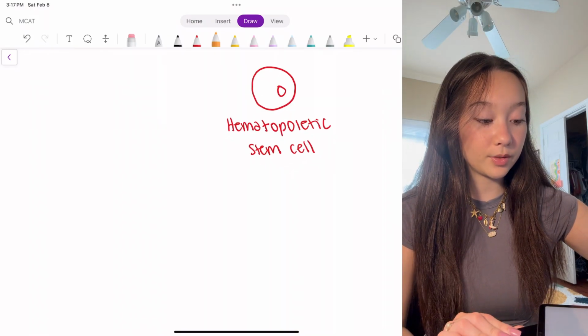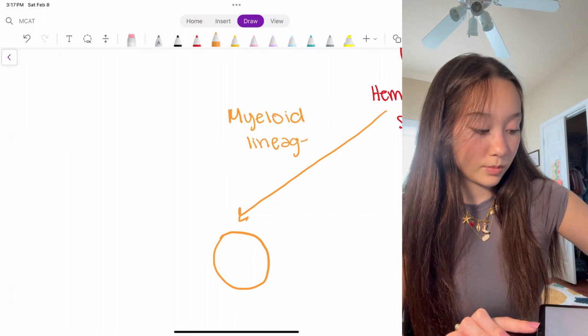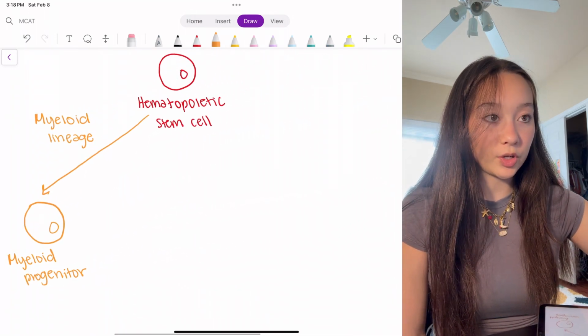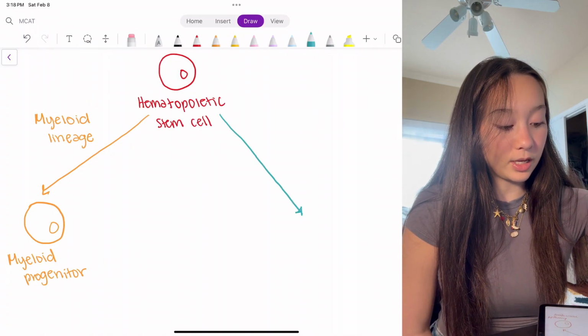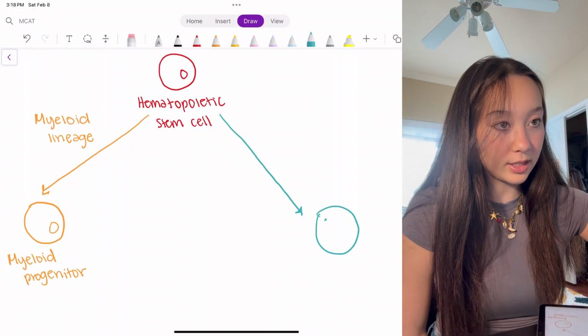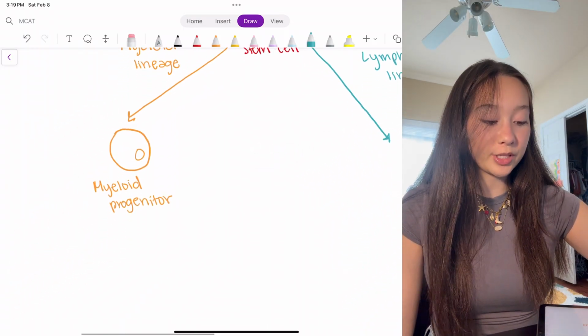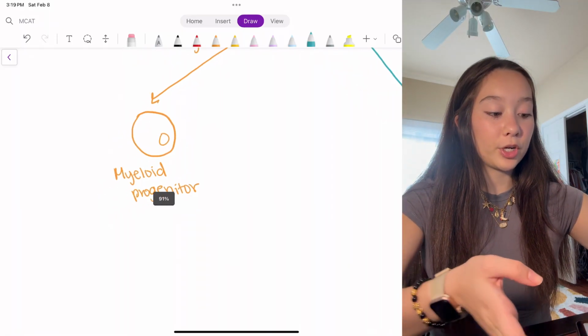So let's start with the myeloid lineage. The myeloid lineage is going to lead us to a myeloid progenitor, and then the lymphoid lineage is going to do the same thing, but instead it's going to lead us to a lymphoid progenitor. All right, let's start with the myeloid lineage, starting from this precursor.